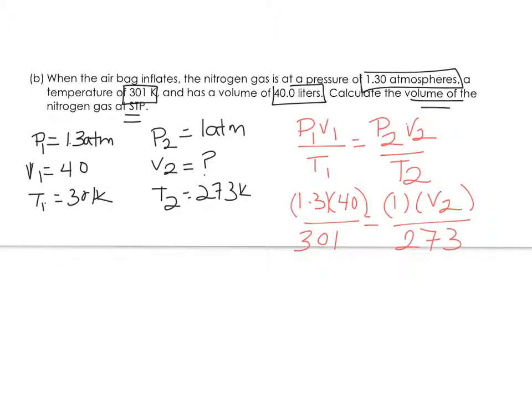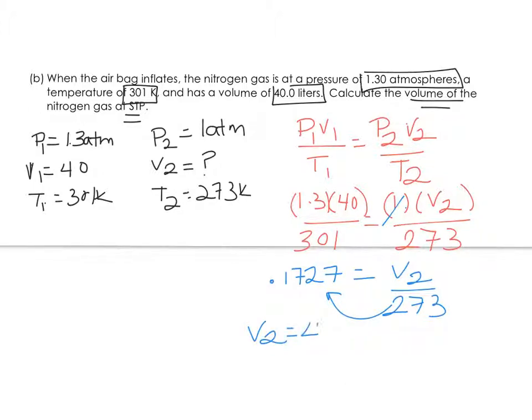So I'm going to simplify the left side first. 1.3 times 40 divided by 301, and that's going to give me 0.1727, and there's more in my calculator, and that's equal to V2 over 273. The 1 drops, it really doesn't do anything, so I'm going to multiply this number by 273. Ultimately my V2 is equal to 47.16, and I'm in volume, so that means I'm in liters.